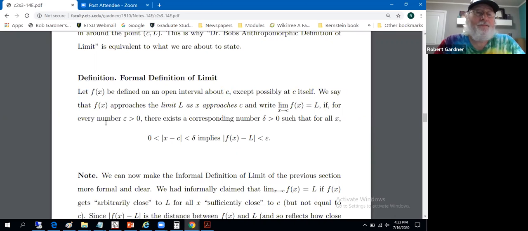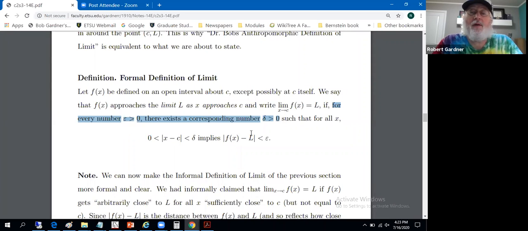We say that f of x approaches the limit L as x approaches c, written as we did in the previous section, if for every number epsilon greater than 0, there exists a corresponding delta greater than 0. Okay, this is what we were doing before.